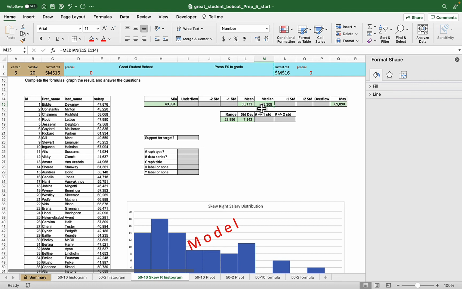Okay, so now let's see what one standard deviation less looks like. So equals the mean minus standard deviation, equals the mean plus standard deviation.